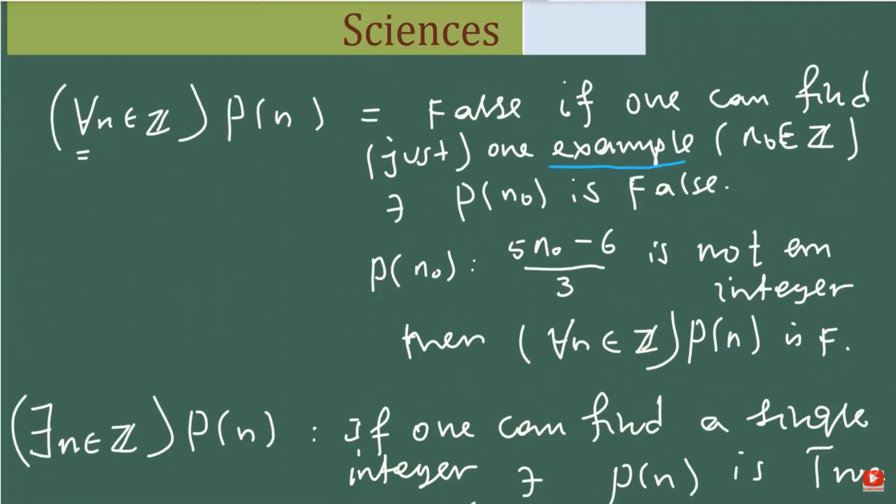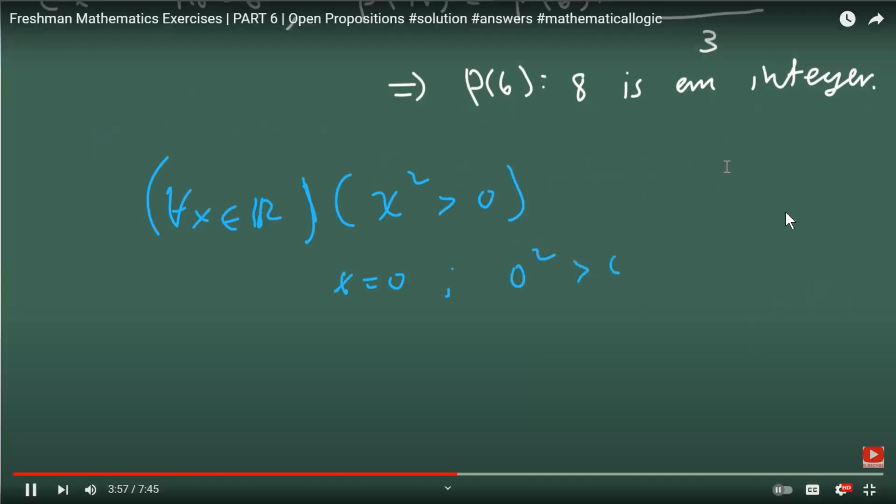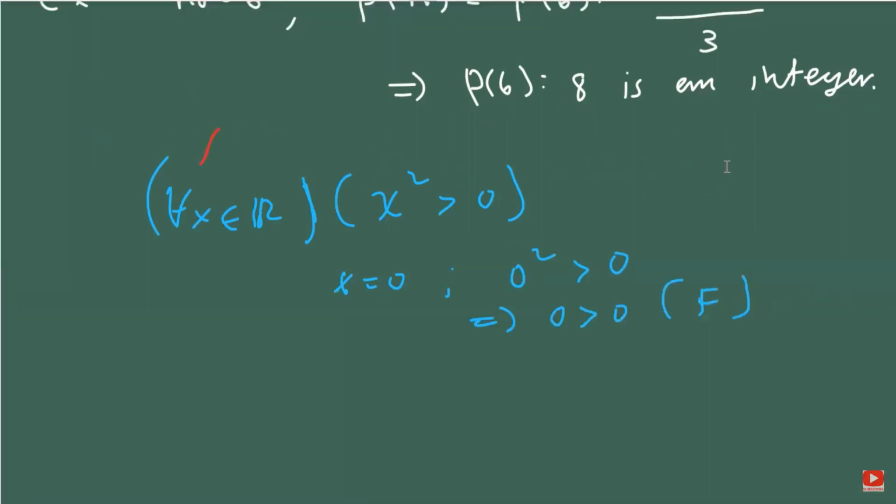For the universal quantifier, we look for one example that makes it false. For example, for all x an element of the real numbers, x² > 0 is not true, because when x is 0, 0² > 0 means 0 > 0, which is false. So it is wrong to say that every real number satisfies this open proposition. You need to find just one counterexample to make the whole statement false.